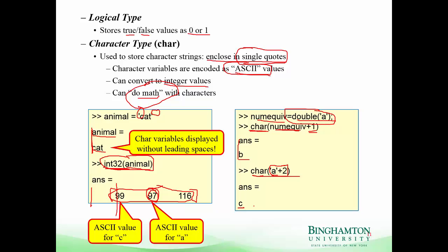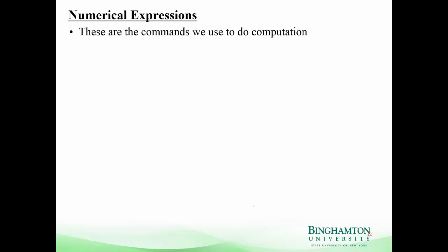C is 2 away from a, and so that's where I'm at. There are a lot of things that you can do with character strings. You can use them to label plots and things like that. You can accept input from users as character strings and so forth. So knowing how to deal with characters is a good part of knowing how to work with MATLAB.